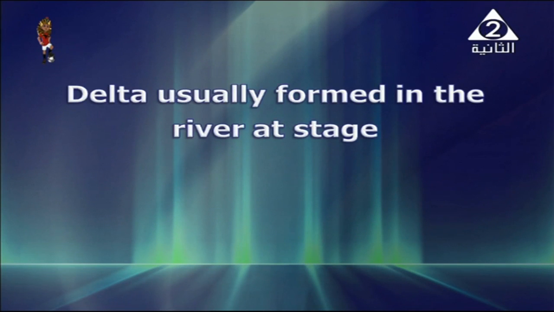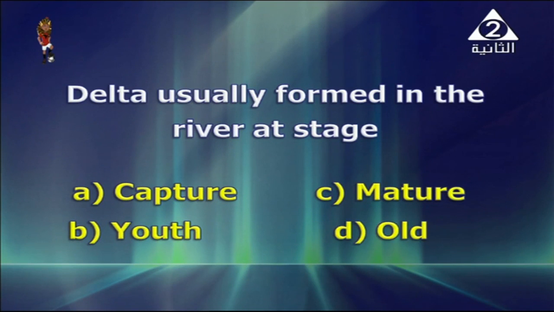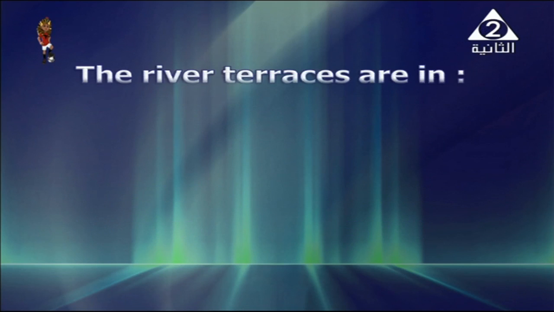Deltas are usually formed in the river at which stage? Is it capture stage, mature, youth, or old? Yes, the right choice here is the old stage, when the river comes to the lowest part of the topography and meets the sea. So we start having delta deposits.